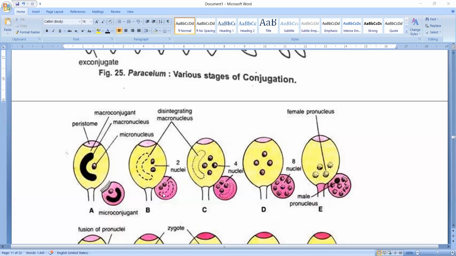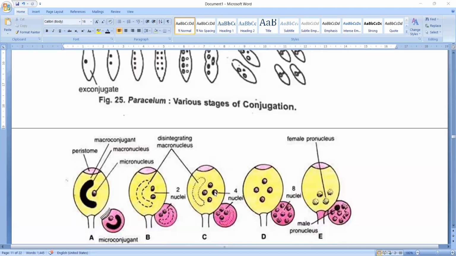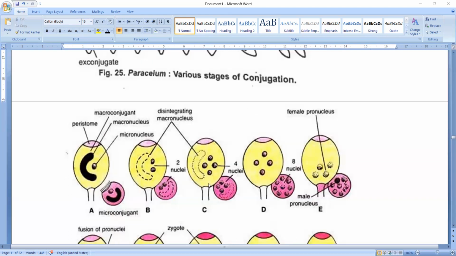In that way both the nuclei are divided, ultimately forming 4 macronuclei and 8 micronuclei.